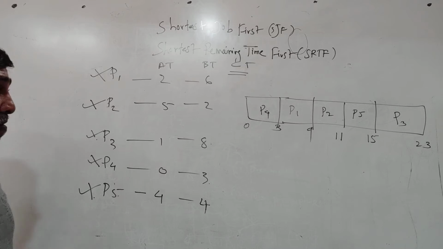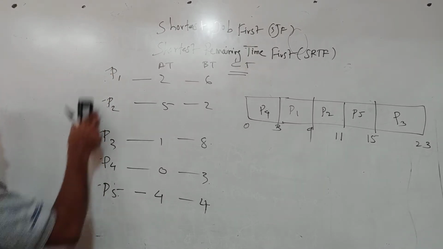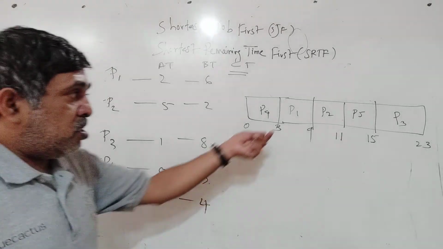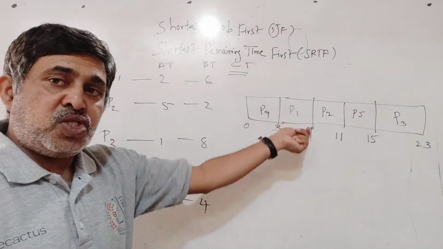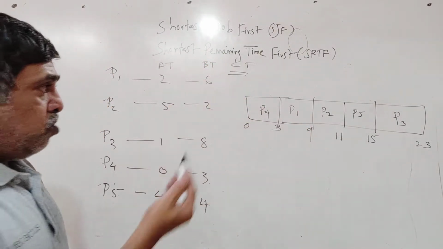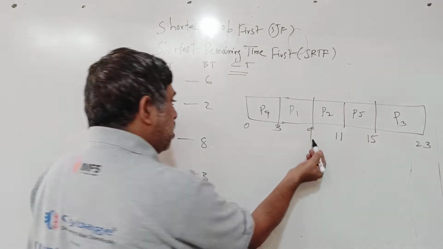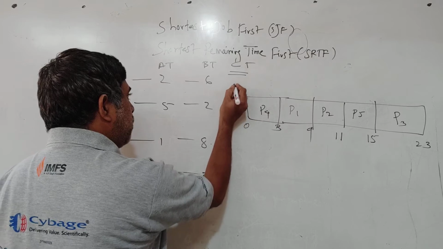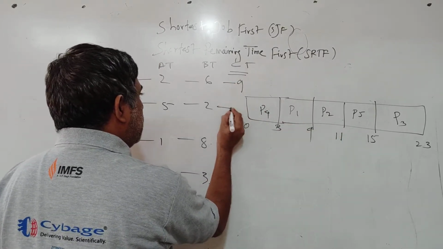So in this way, using the non-preemptive method, we have drawn a Gantt chart. And why have we drawn this Gantt chart? Because we want to find out the completion time. So look at the processes. Process P1 finished execution at the 9th unit, it's very straightforward. Process P2 finished at the 11th unit.